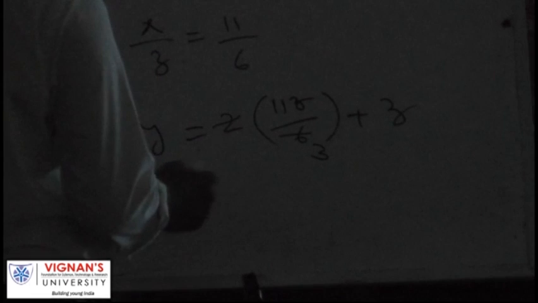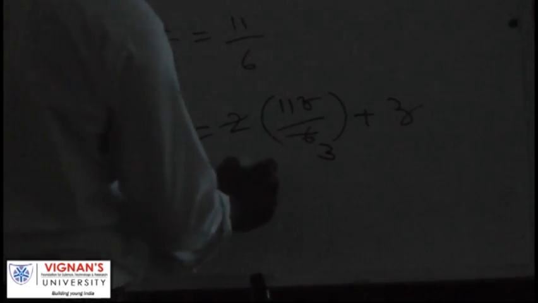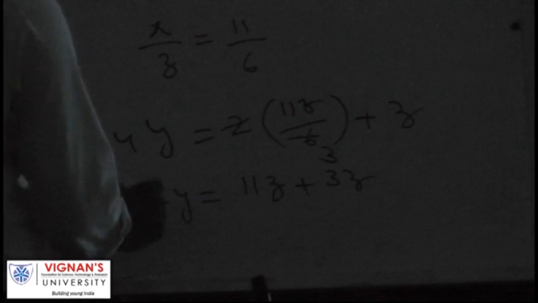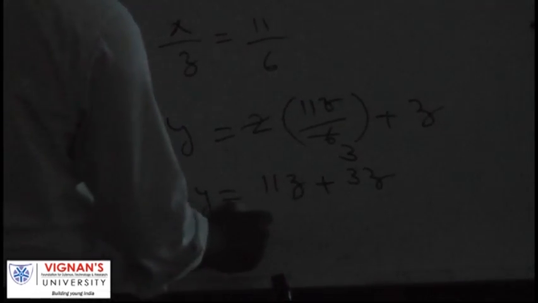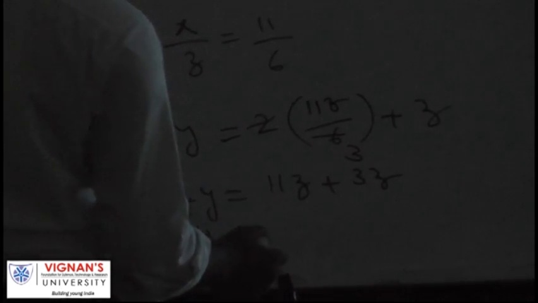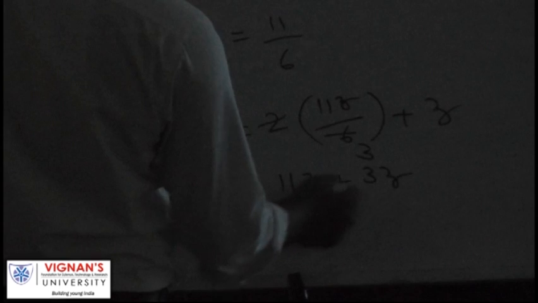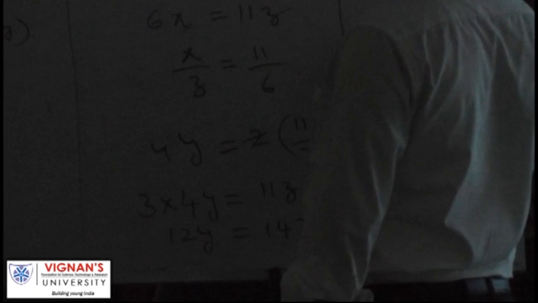So 4y equals (11z plus 3z), 3 comes this side. So 12y is 14z, or y to z, y by z is 14 by 12, or it is 7 by 6.